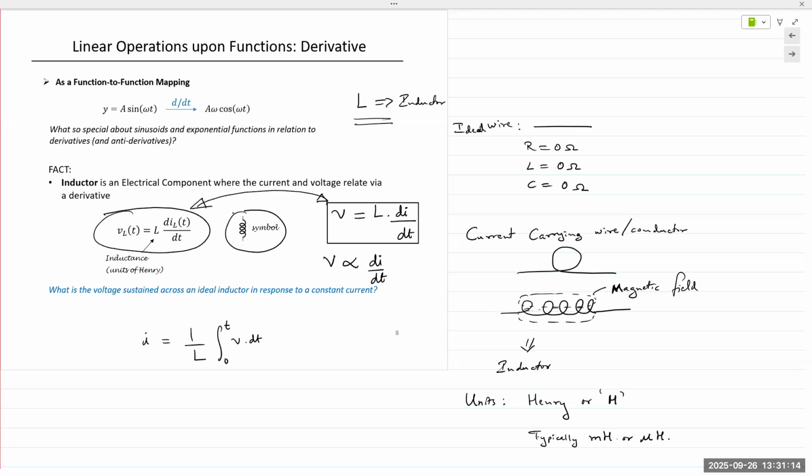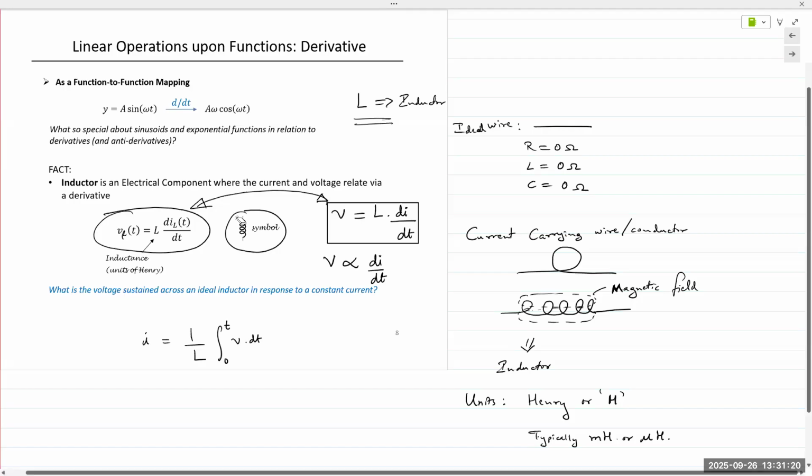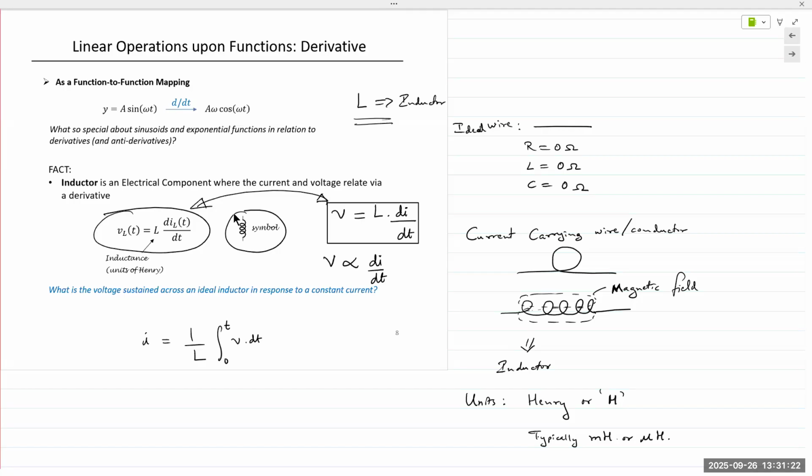Okay. And the other things I think we already talked about: the subscript L simply stands for inductor. If you have multiple inductors in the circuit, we would have VL1, VL2, VL3. If you had just one inductor and one capacitor in the circuit, you would identify them as VL and VC. If you just had the inductor and nothing else in the circuit, we might just call it V. So that's just a notation.